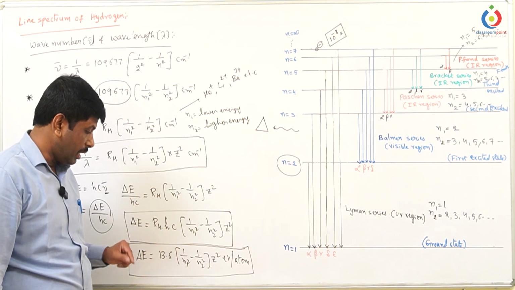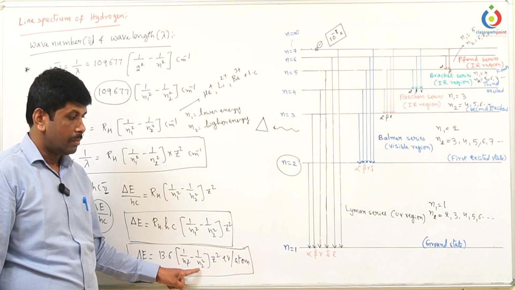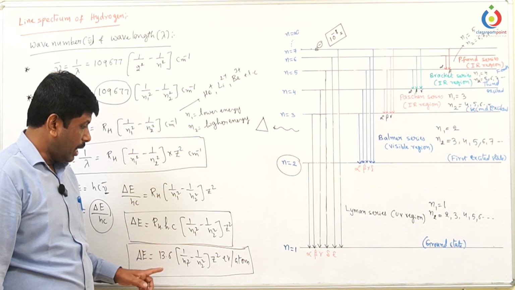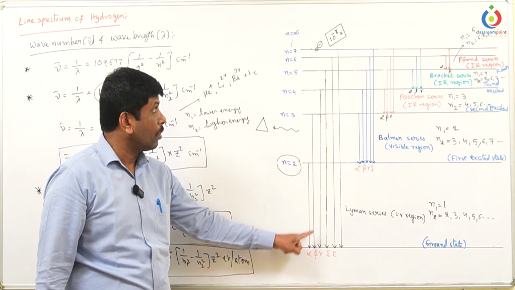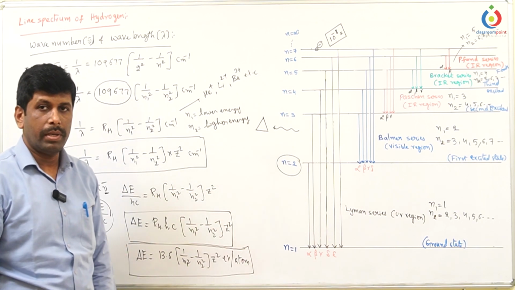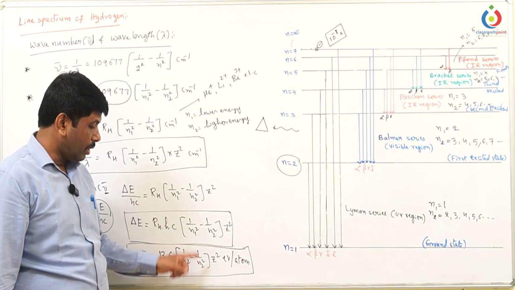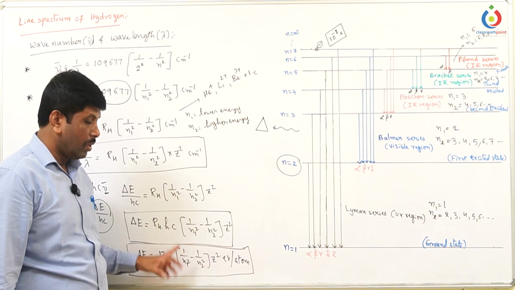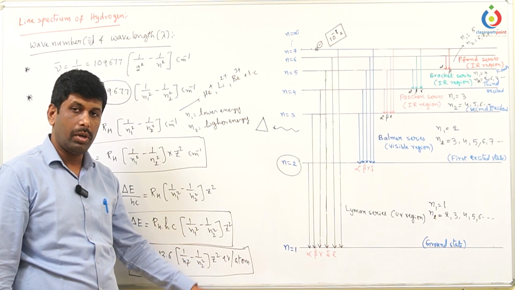Here one important thing is, N2 equals infinity. That means the electron is in the first orbit and I am taking the electron to the infinite orbit. Infinite orbit means I am going to remove the electron from the hydrogen atom. So if N2 equals infinity and N1 equals 1, then delta E equals 13.6 electron volt per atom.